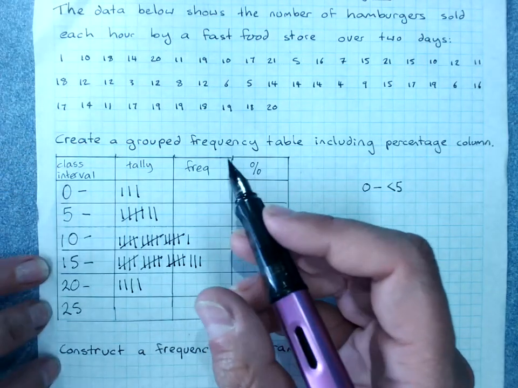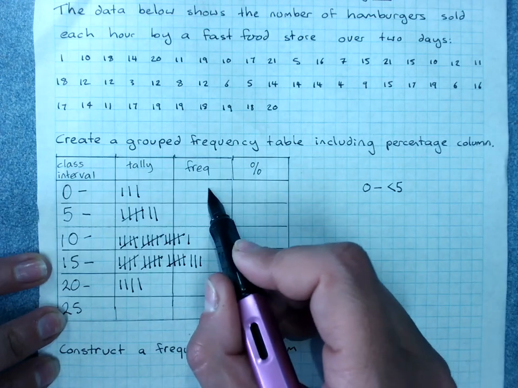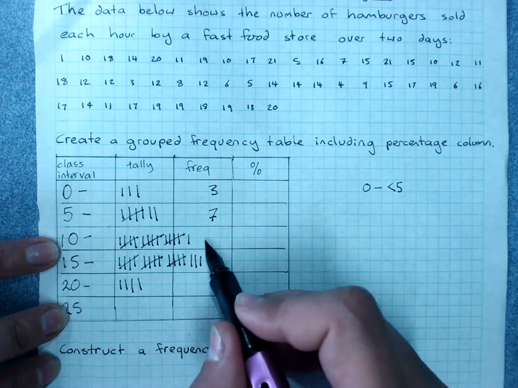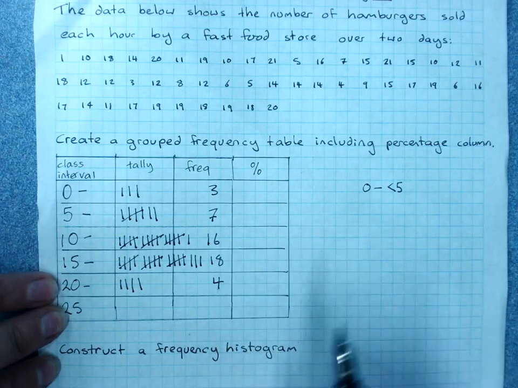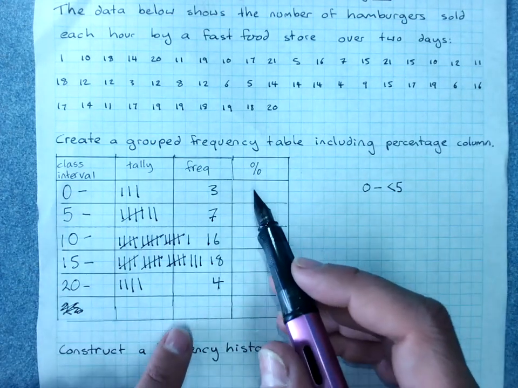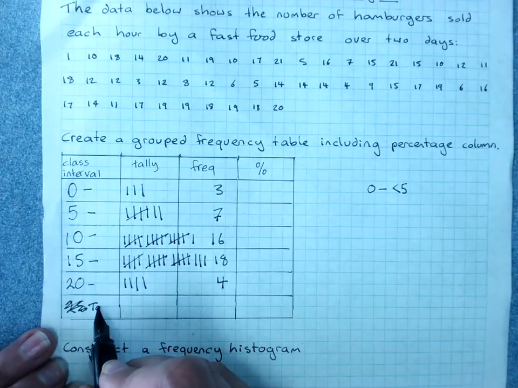All right, I think I got that right. And yes, I had an extra row there. So then we work out our percentage frequency. Remember, if you add up the frequency column, this is our total.